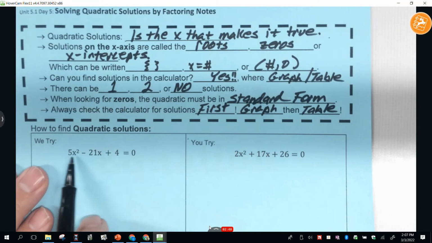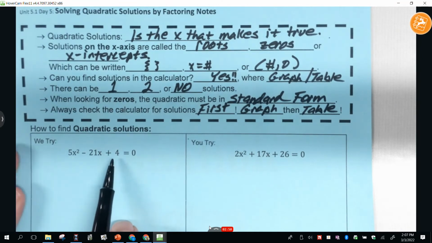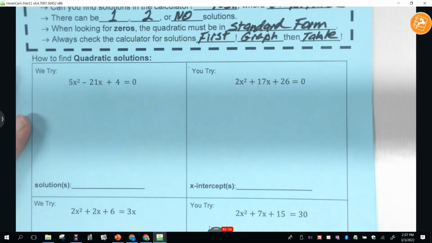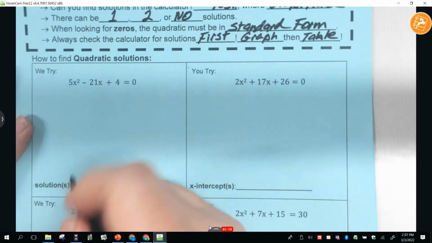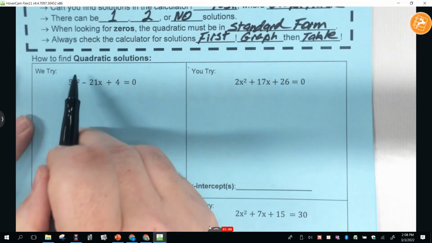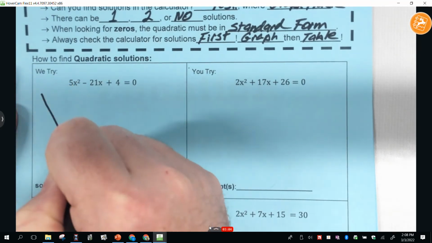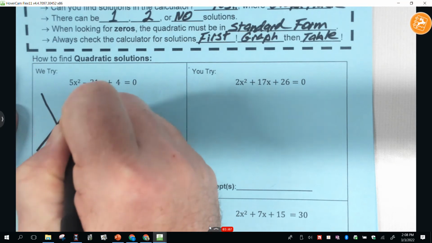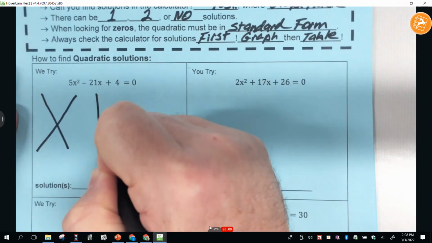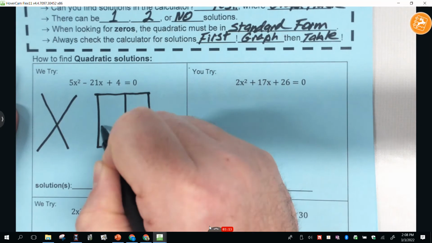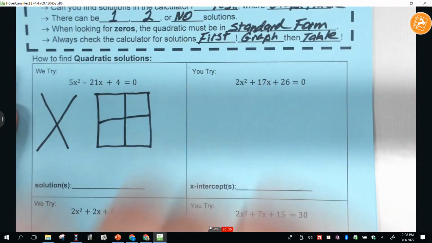Here we have a quadratic equation, and we need to get the factors so that we can set the factors equal to 0. In order to do this, I have to do the x box to get the factors. So here's my x, here's my box, and I'm just using the poster over here on the wall.